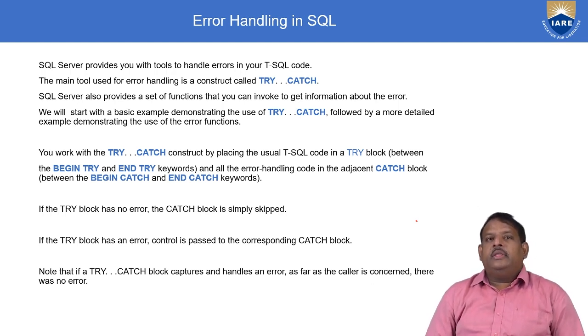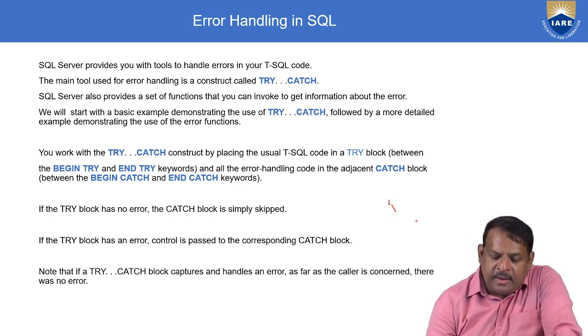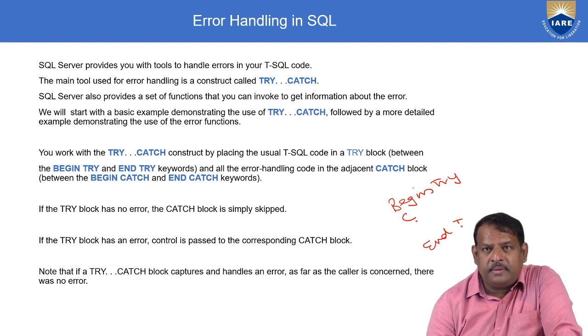The try statements are placed between the BEGIN TRY and END TRY keywords, and the handling is in the adjacent catch block between BEGIN CATCH and END CATCH keywords. So you have BEGIN TRY and END TRY.